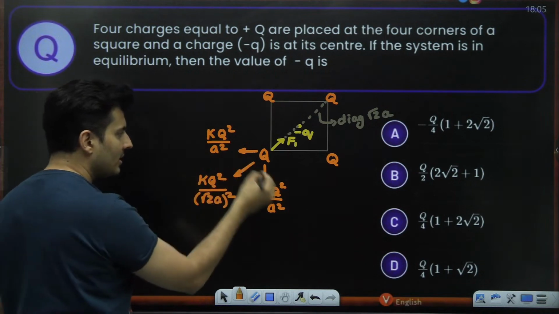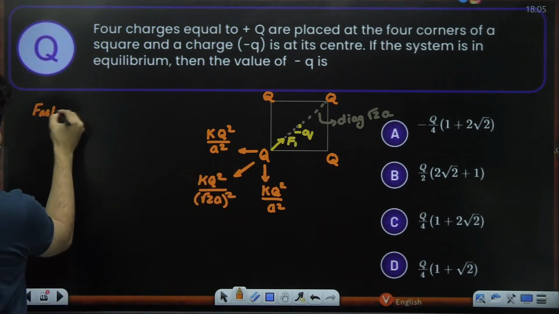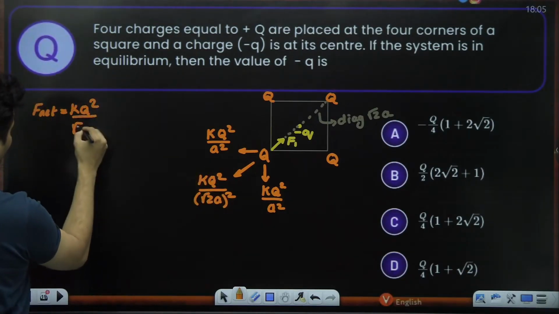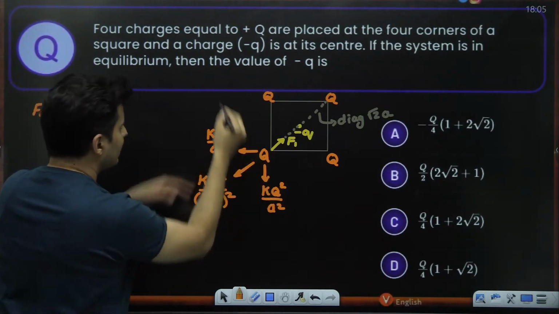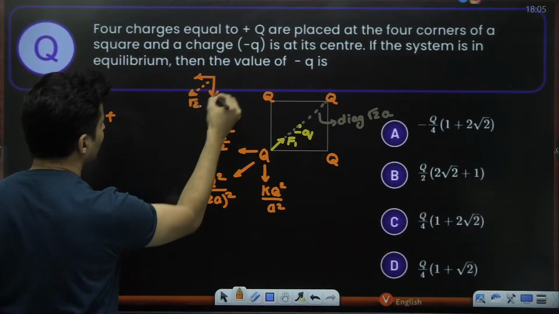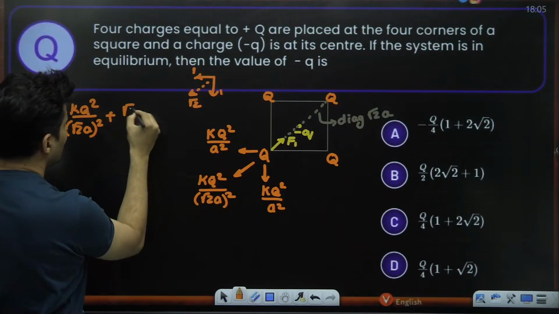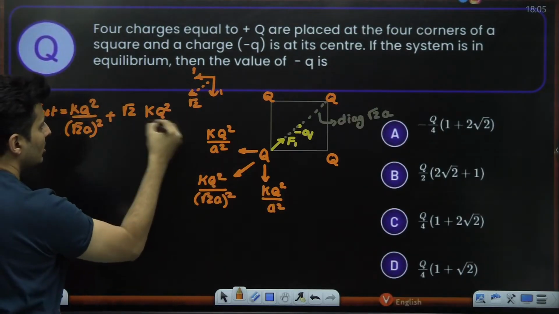Now, these three forces together will become a net force of this force, which is KQ square by root 2A whole square, plus this and this together. What is the resultant? If this is 1 and this is 1, it will be root 2 times any one of the force. So plus root 2 times KQ square by A square.